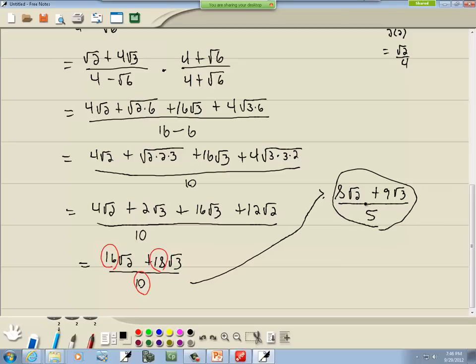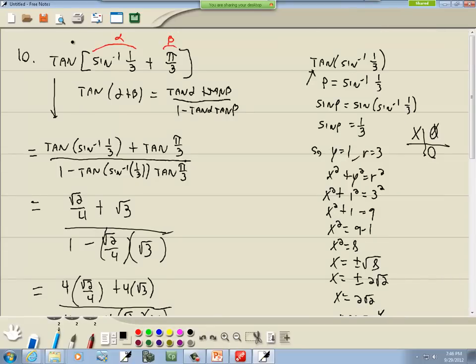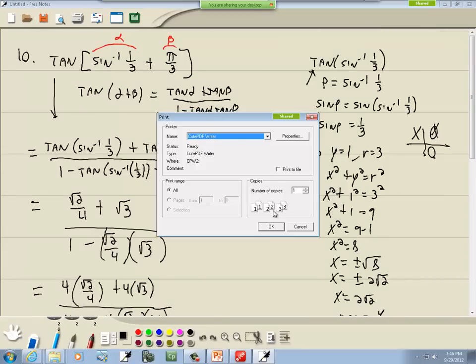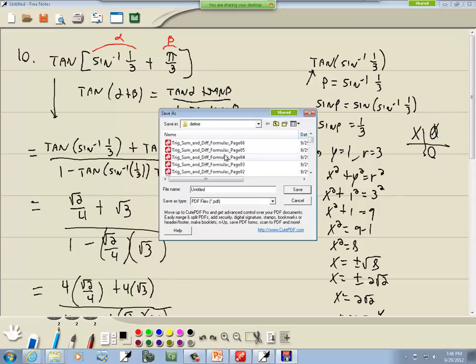Assuming I haven't made any kind of math error, like adding or multiplying wrong, which is very easy to do on these. Okay.